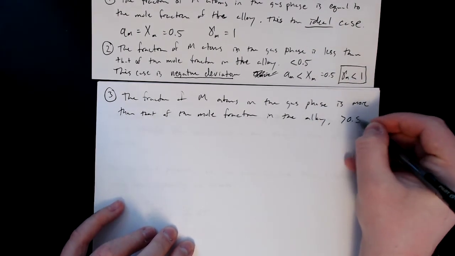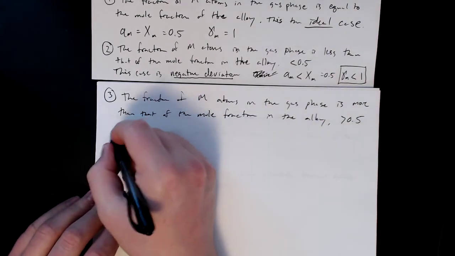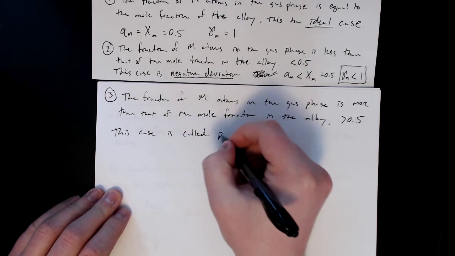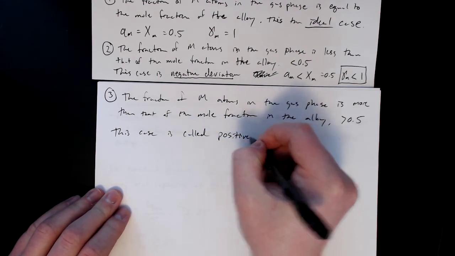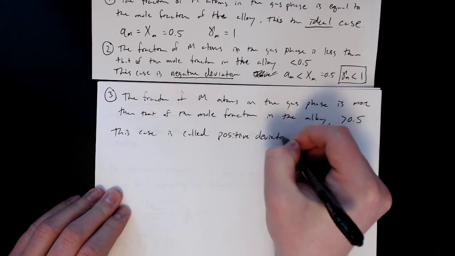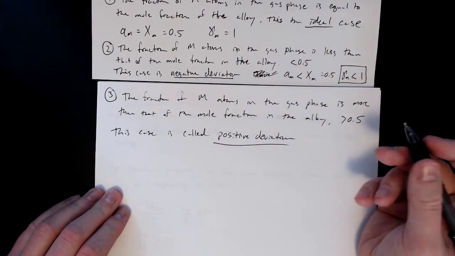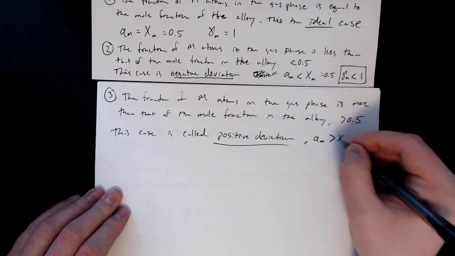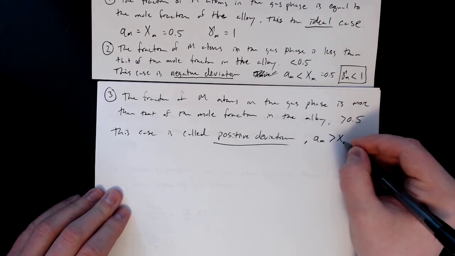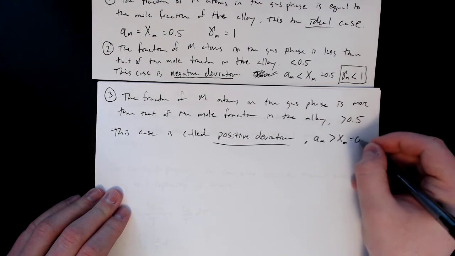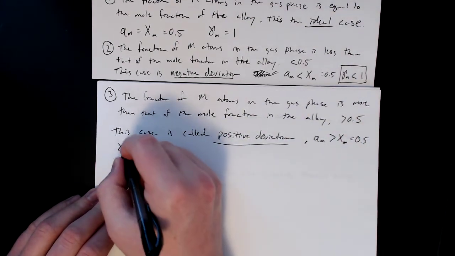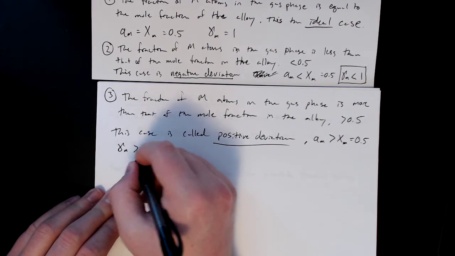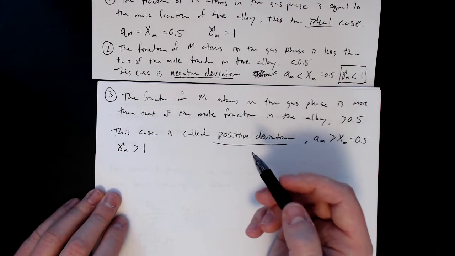So it's greater than 0.5. And so this case is called, as you might have guessed it, positive deviation. So positive deviation. And that means that the activity of M is greater now, the effective concentration is greater than the mole fraction of 0.5, and therefore the positive deviation refers to the activity coefficient being greater than 1.